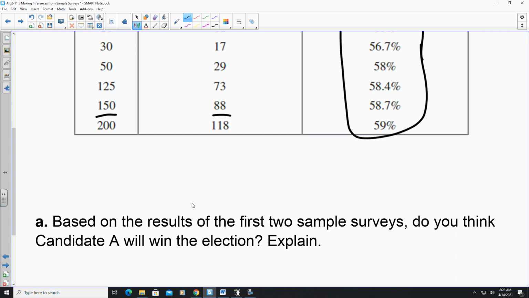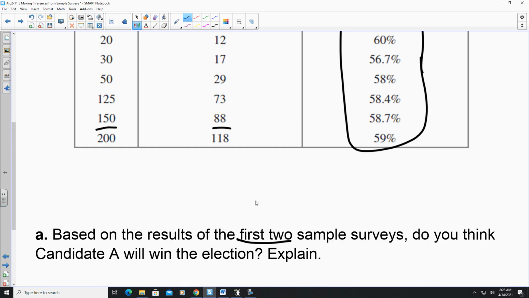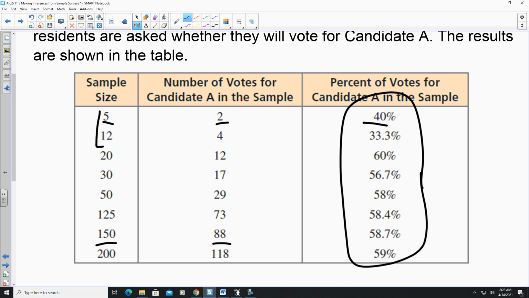So the first question that they ask here says, based on the results of the first 2 sample surveys, do you think candidate A will win the election, and explain? So the first 2 surveys are right here.